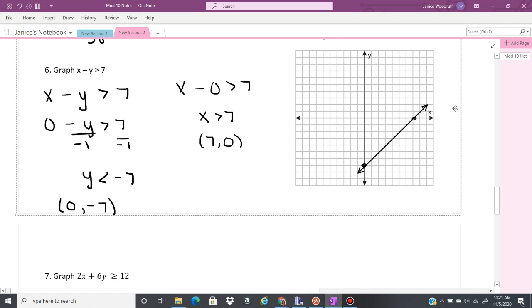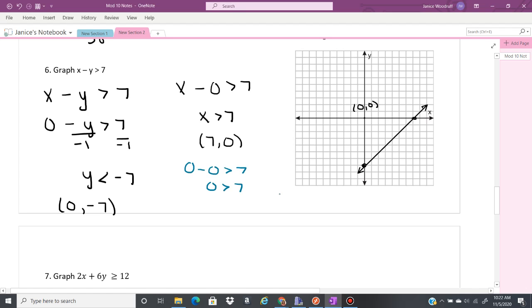Okay. So now what we want to do is after we've graphed it, we want to find which side of this graph will make the equation true. So you're going to pick a test point on either side of the graph. The easiest test point to pick is going to be this point right here, 0, 0. If you plug 0, 0 into this equation, you're going to get 0 minus 0 is greater than 7.